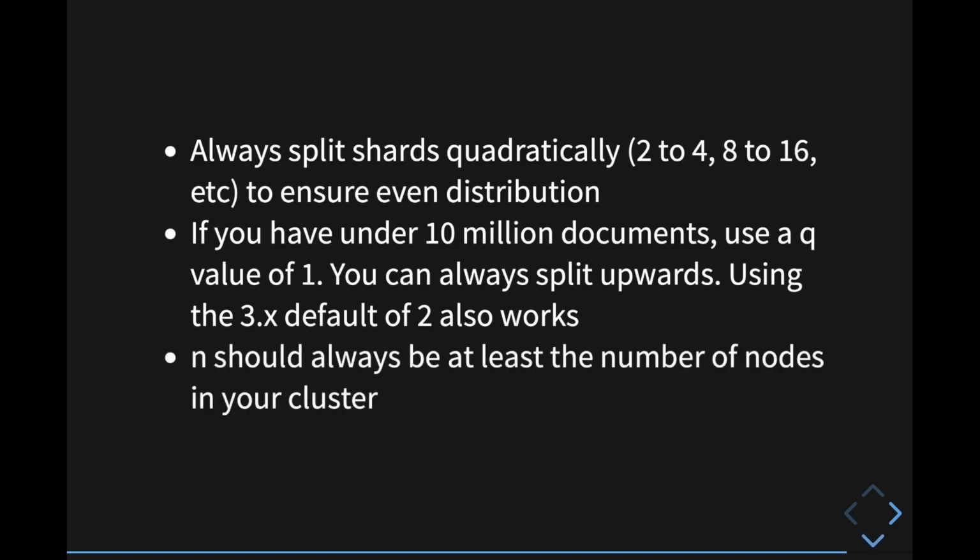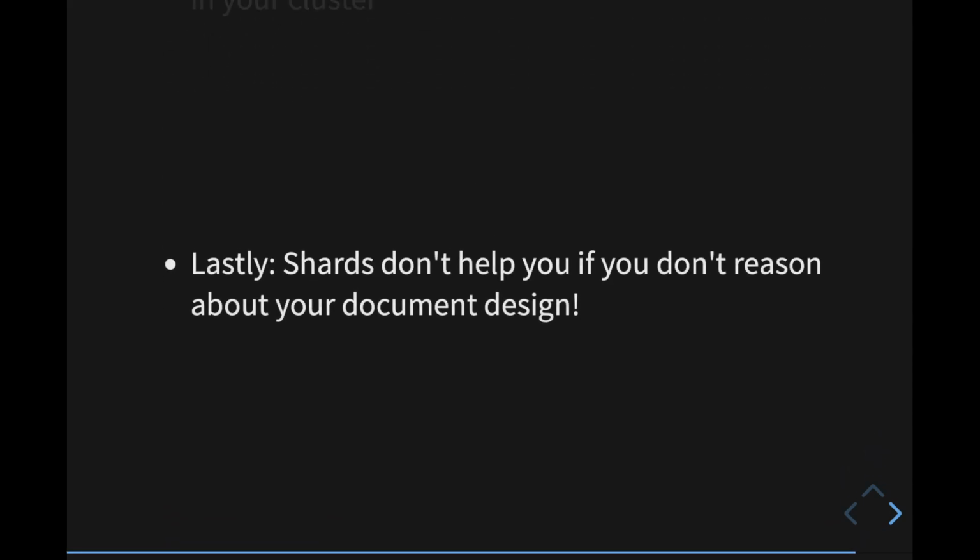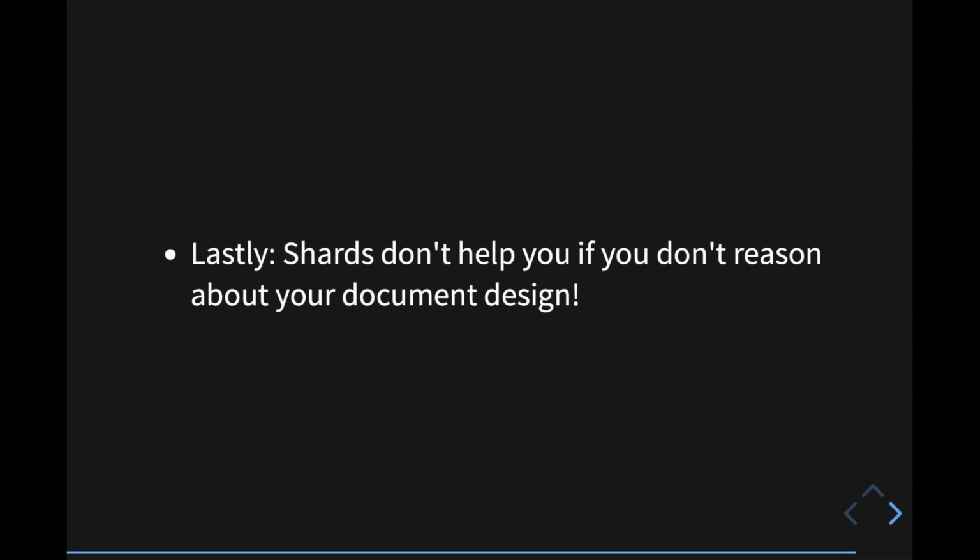And finally, well, not finally, but N should always be at least the number of nodes in your cluster. That's kind of self-explanatory. But lastly, shards are a cool tool, but if you're not correctly using CouchDB, if you're not reasoning about your document design all that well, then shards won't really help you mitigate that.